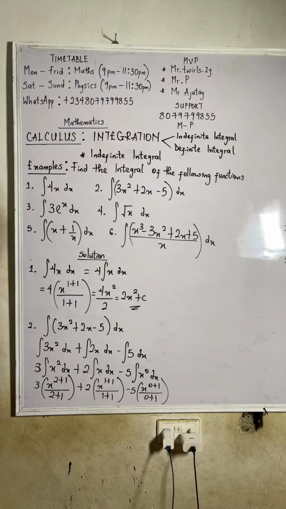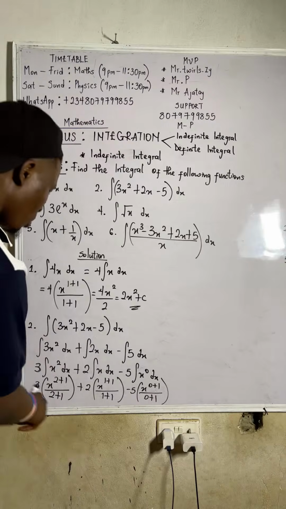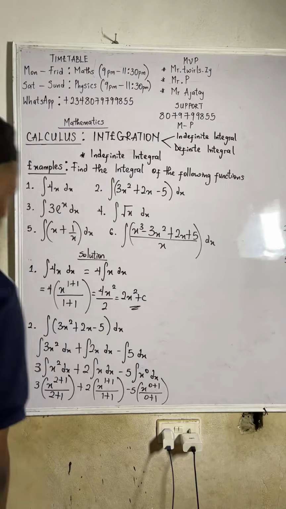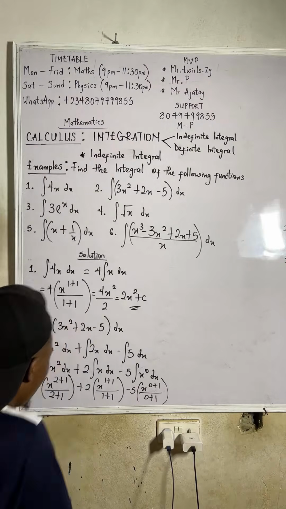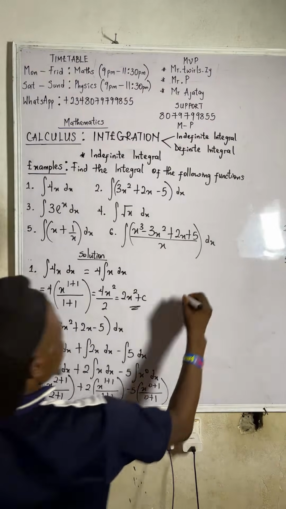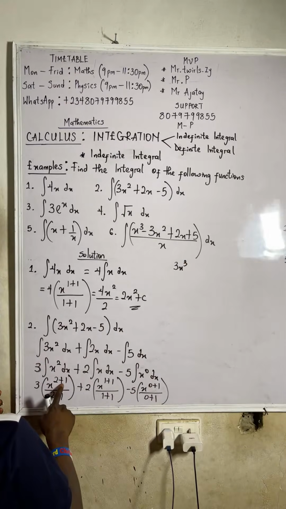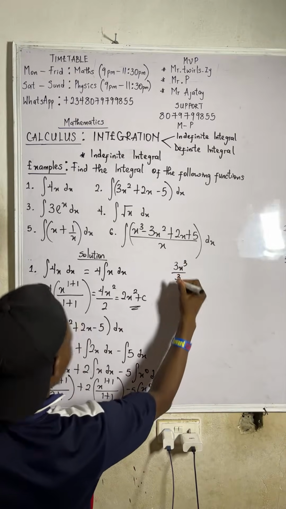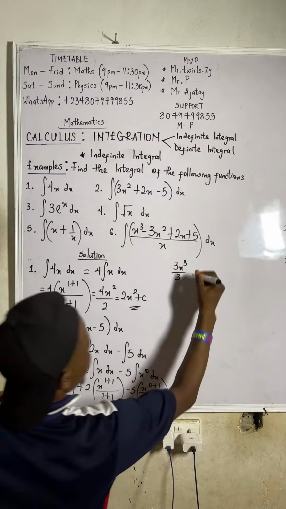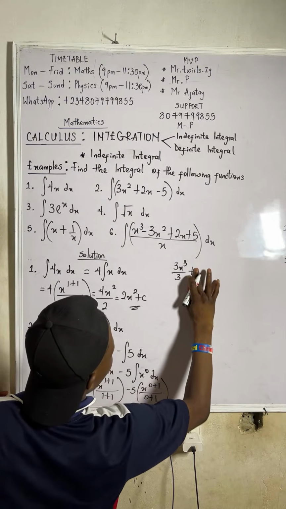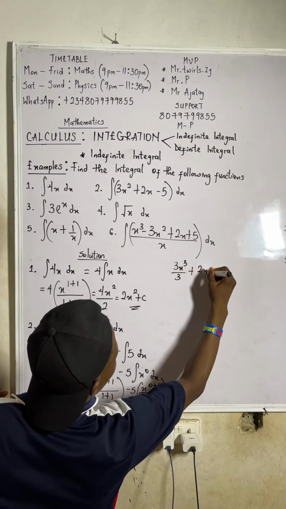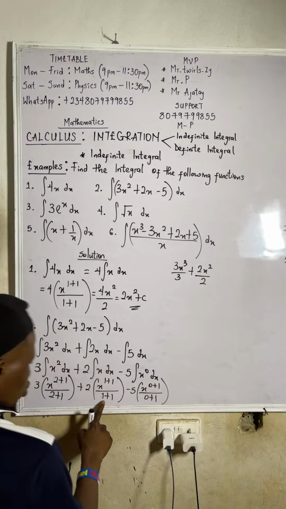Alright. So what will be our final answer here? Come on, this thing is 0. So here will be 3x cubed, that is 3x to the power of 3 over 3, right? Then plus 2x squared over 2.